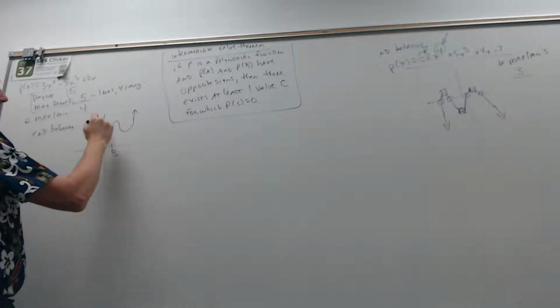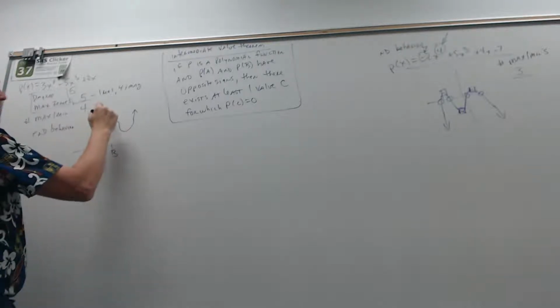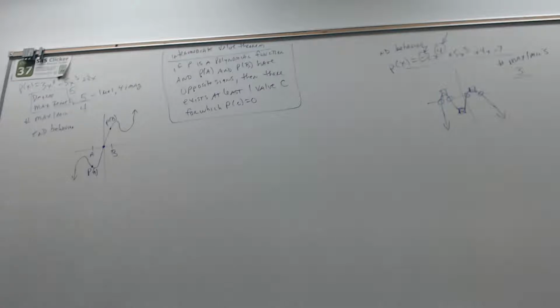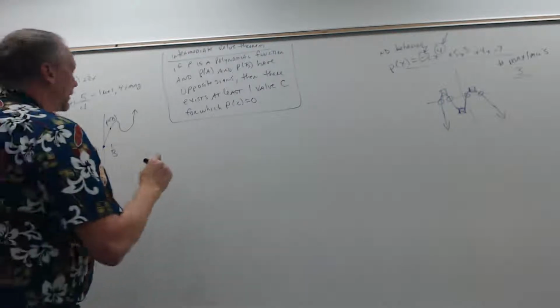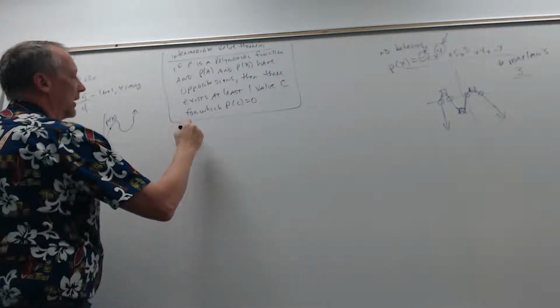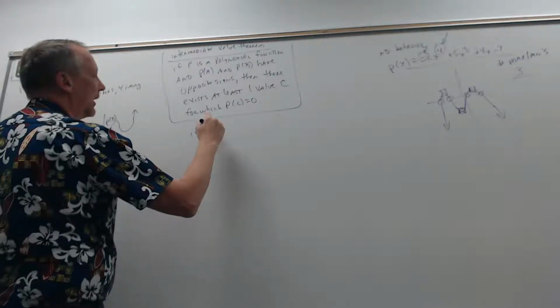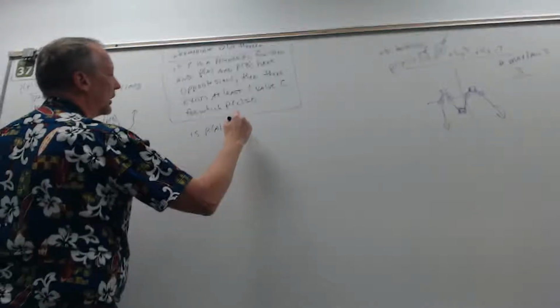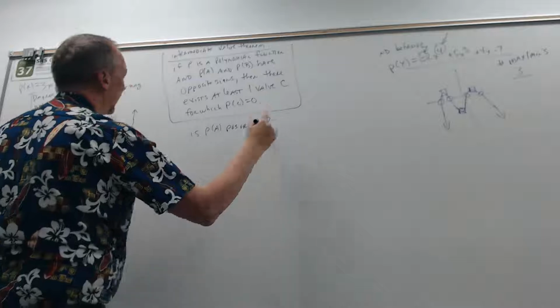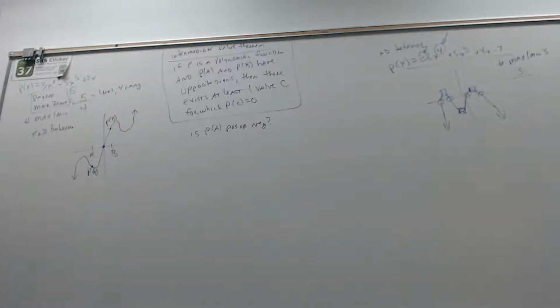And if this is B, that's going to be P of B, right? Is P of A positive or negative, according to this graph? It would be negative, right?